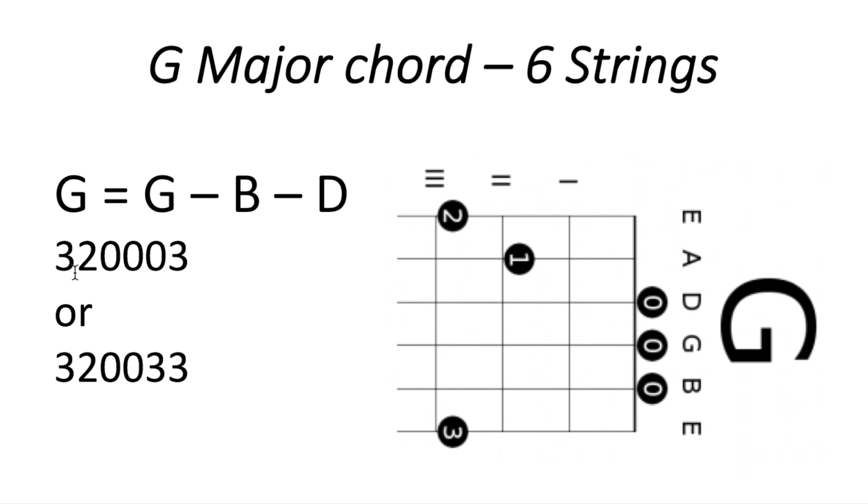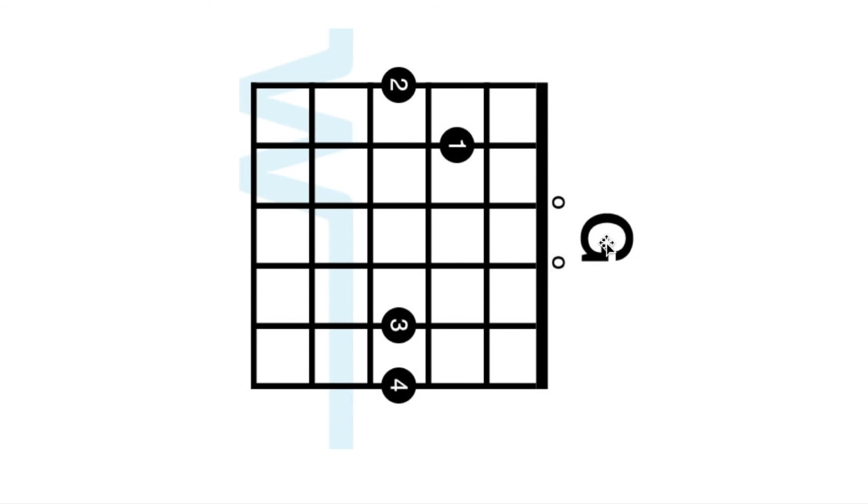And this is how you play the G major chord. 3, which is the 3rd fret, 2 is the 2nd fret, and then 3 open strings, 1, 2, 3 open strings, and then 3, the 3rd fret. Or you can play 3, 2, 0, 0, 3, 3. So in the second case, all you're doing is removing this open string and adding a finger, but it really doesn't matter, and let me tell you why.